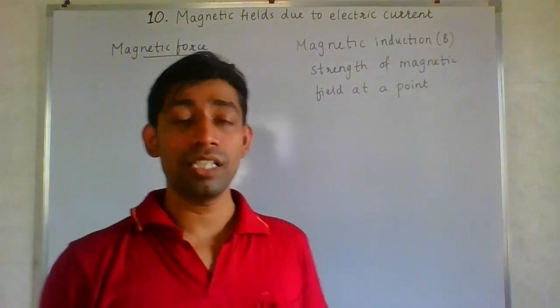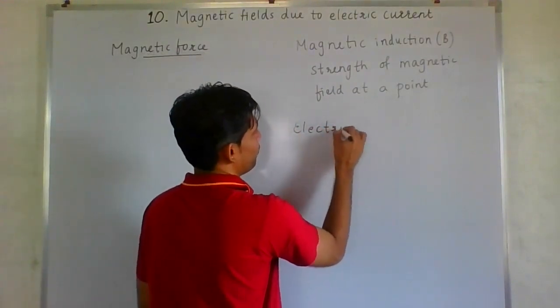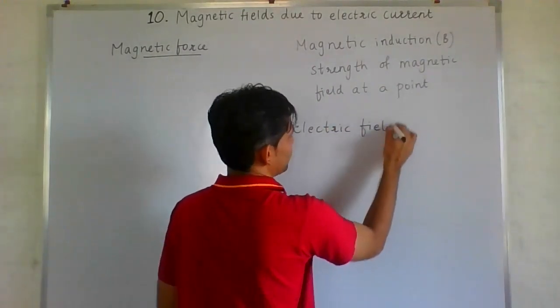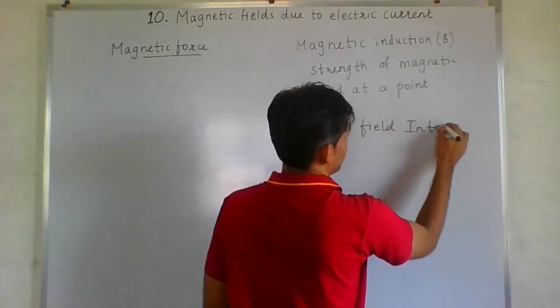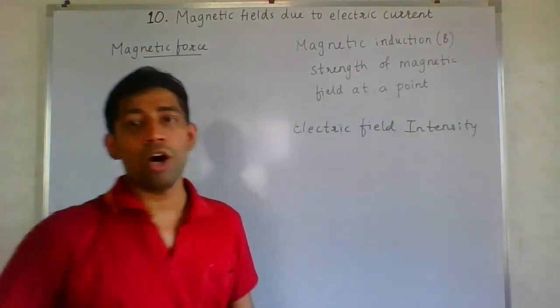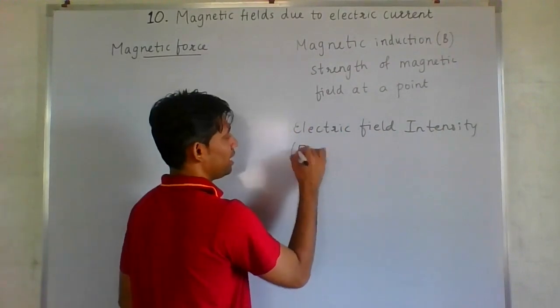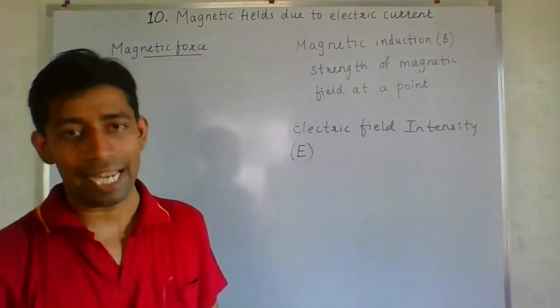Similarly, analogously, we have a term called as electric field intensity. It is denoted by capital letter E. Okay. On similar lines, as I told you, it is analogous.